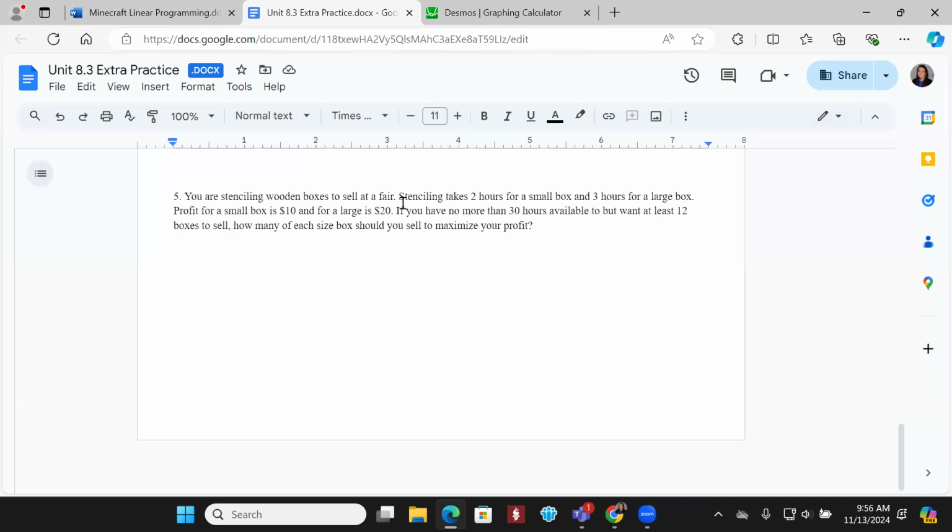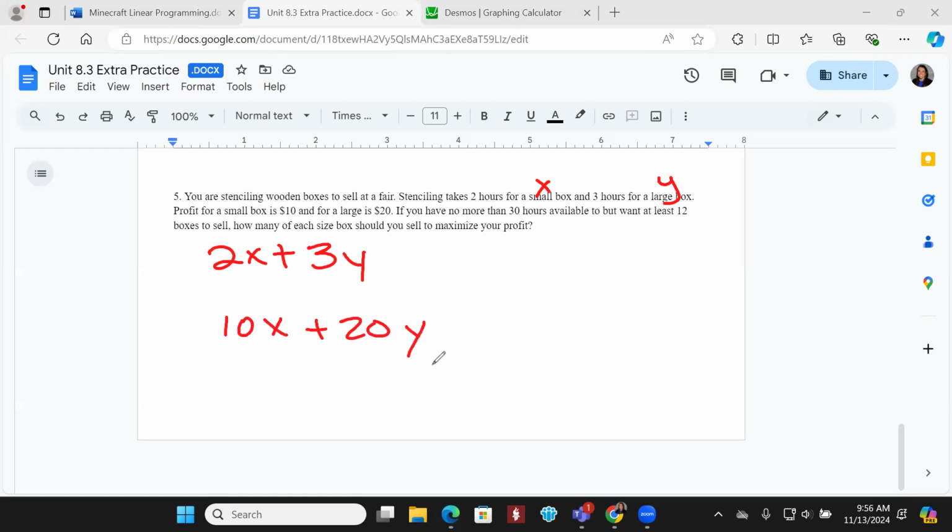So you're stenciling a wooden box to sell at a fair. Stenciling takes 2 hours for a small box, 3 hours for a large box. What's our X and Y? Small, large. So 2x plus 3y. Profit is $10 for small, $20 for large. If you have no more than 30 hours, but want at least 12 boxes to sell, how many of each box should you make to maximize your profit?